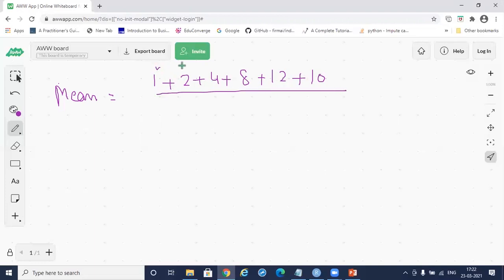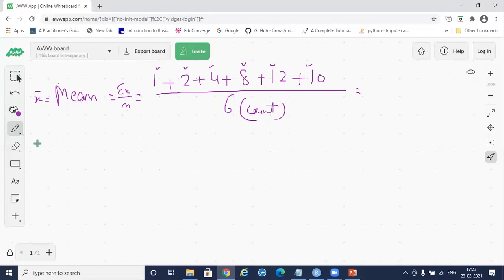How many counts are there? 1, 2, 3, 4, 5, 6. 6 counts are there. So that will become the mean. So basically mean is the sum of x divided by the total number n. That will give you the mean. Okay, so I can call it in this way as well: adding all the data divided by the total number of counts. This one is the count. We can get the data.